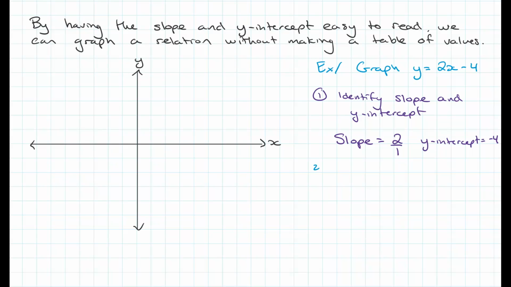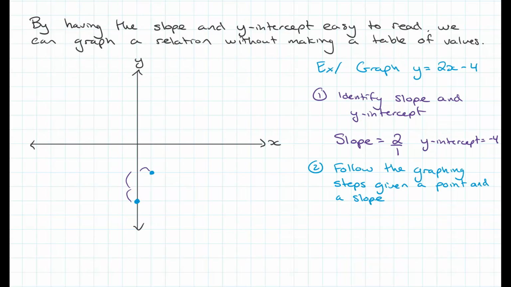So once I have those pieces, I'm going to follow the graphing steps when you were given a point and a slope that we practiced before. I'm going to put a dot on the y-intercept at negative 4, and I'm going to use that slope up 2 over 1 to get my next dot.